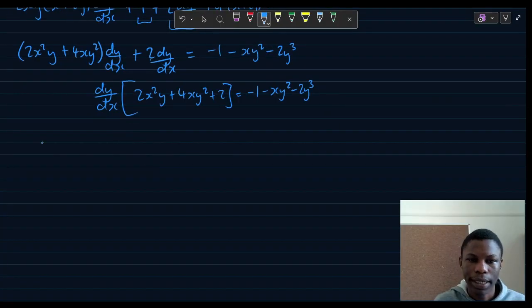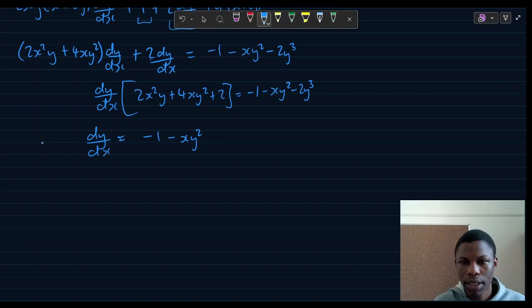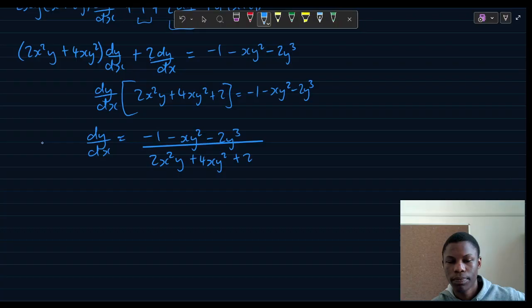And so we have that dy dx is equal to negative 1 negative xy squared minus 2y cubed all over 2x squared y plus 4xy squared plus 2.